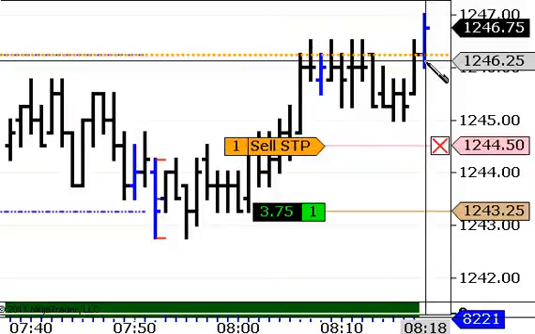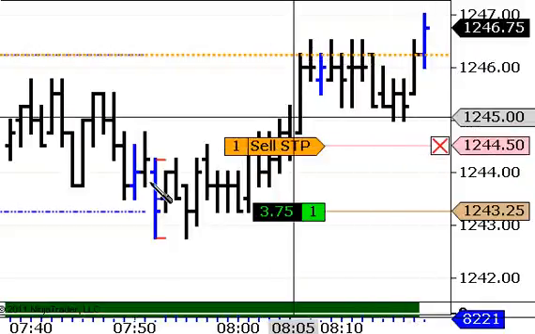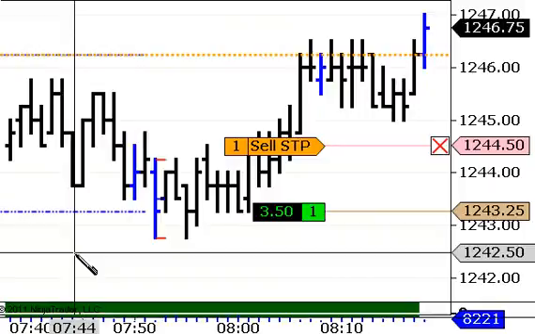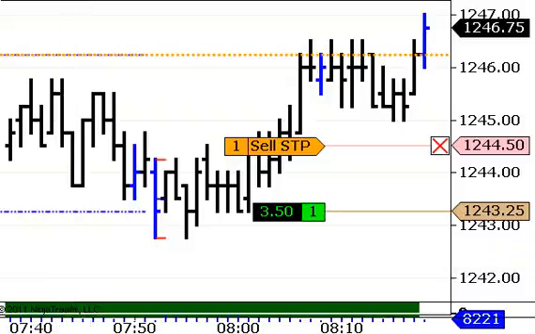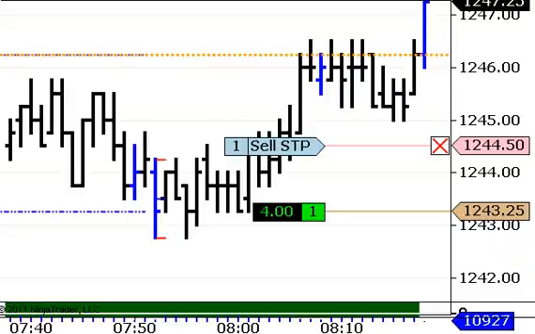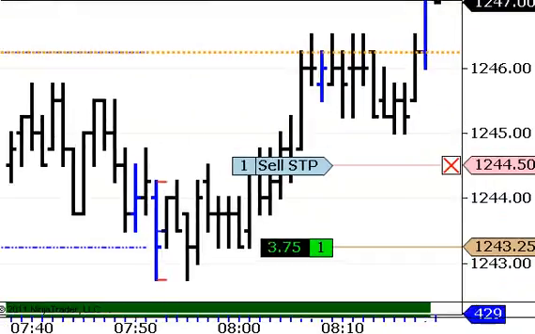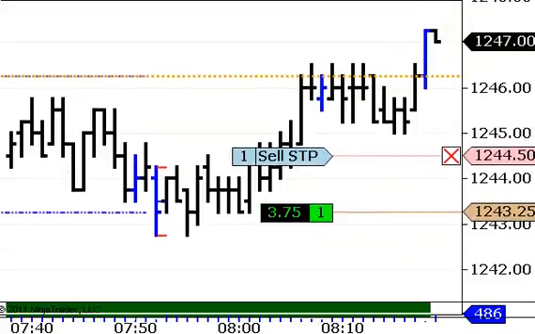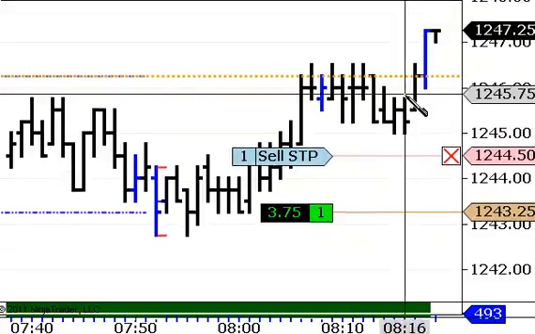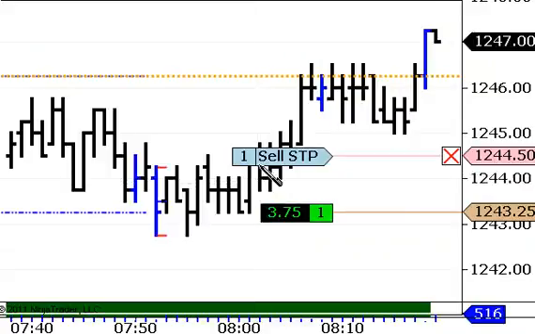Now in this particular case, you can see we've got this blue buying bar, and its low is at 1246. So as soon as this bar closes, I will use this bar as long as it's still what we call a buying paint bar. And okay, this bar is closed, so just adjust the scale here a little bit. So you can see the low of this bar here at 1246 even.